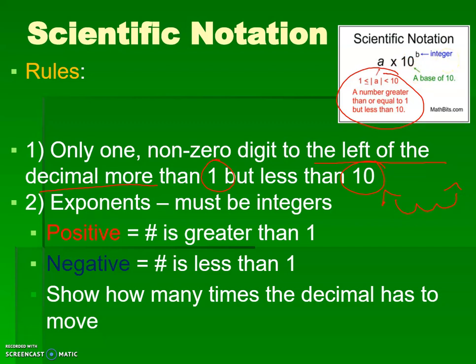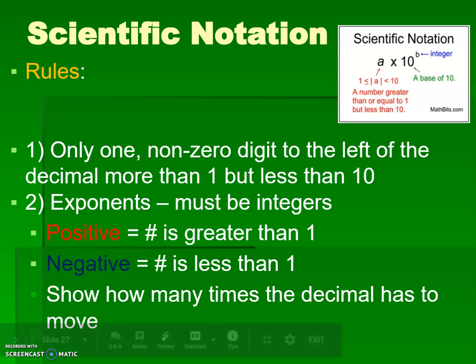Okay, and that integer right here is going to either be positive or negative. All right, and it's going to be negative if your number is going to be less than 1, so that's going to be your decimal format, so if it's a number like this, and positive would be if your decimal place is afterwards, like that.